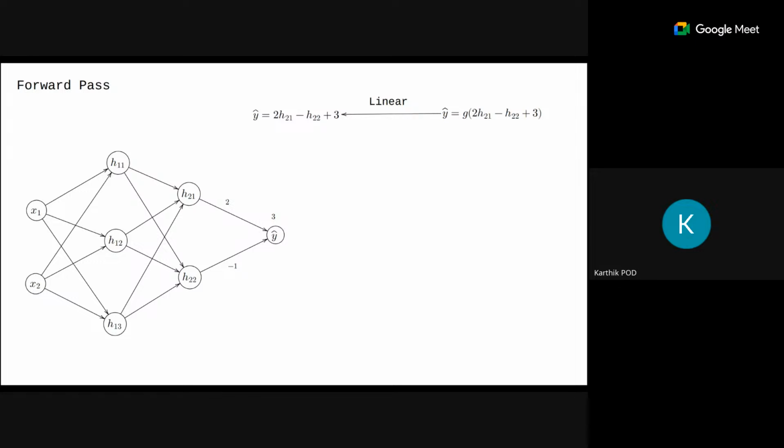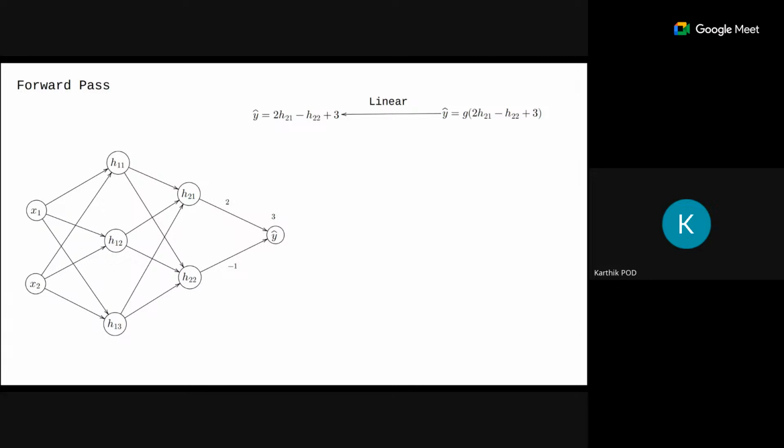So when would this be used? When do you think a linear activation would be used? What kind of problem? Classification, regression? Regression, yeah.